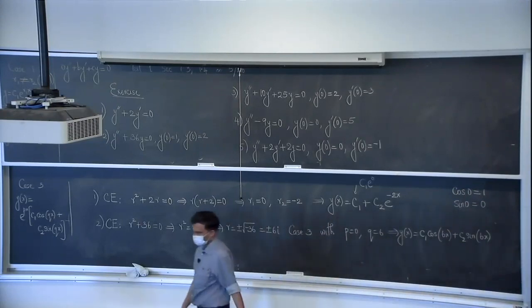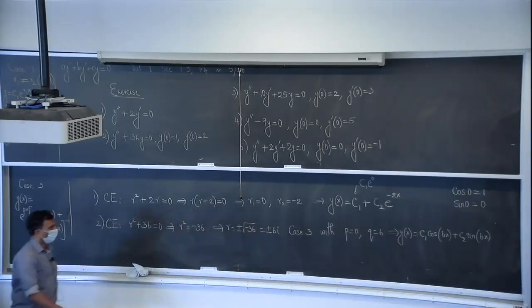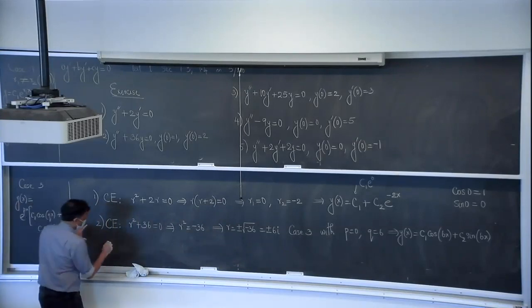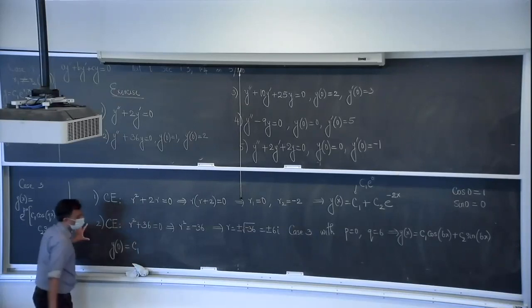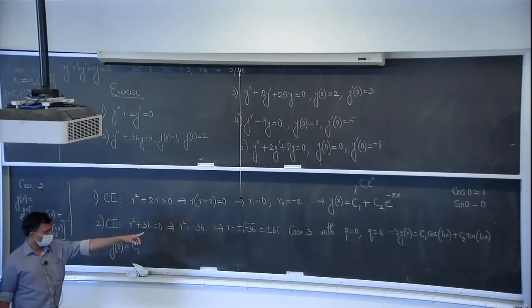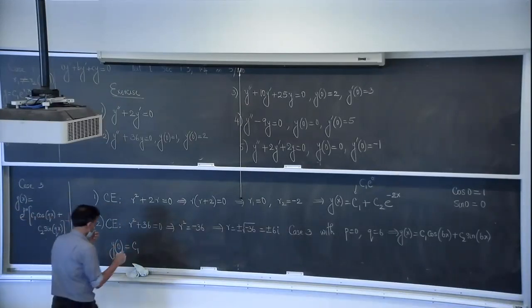Even in degrees, that's the same thing. So y of 0 is c1 times cosine 0 plus c2 times sine 0. If you want, you can write that.